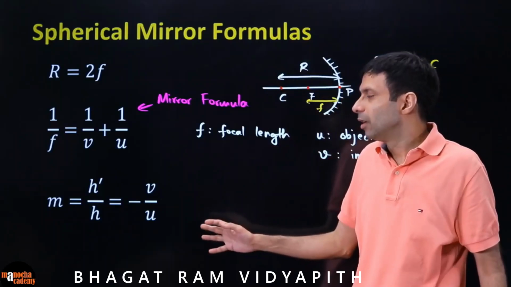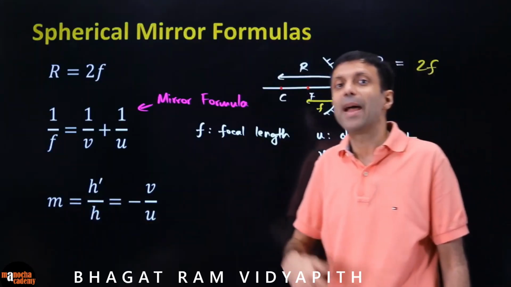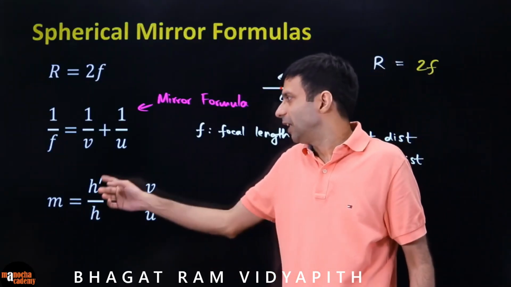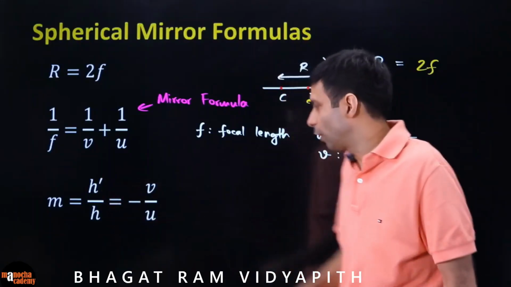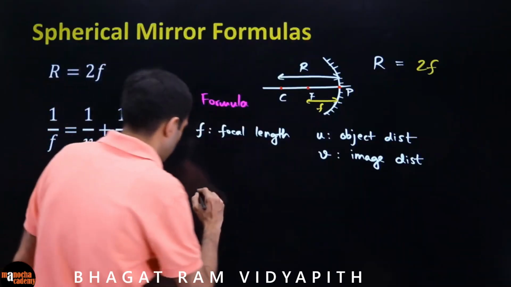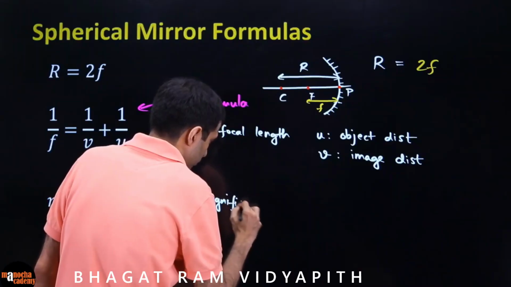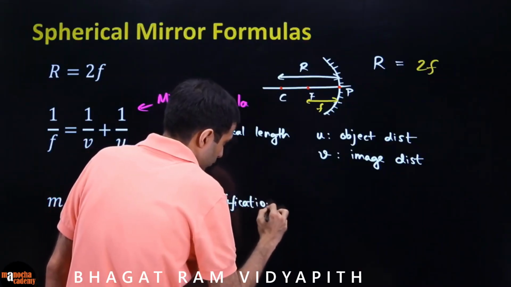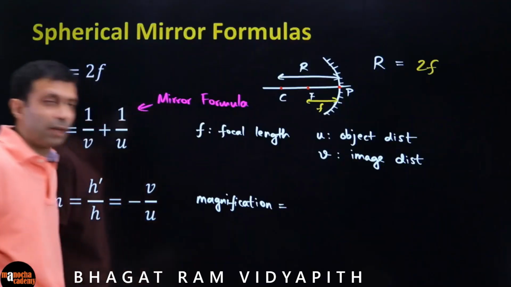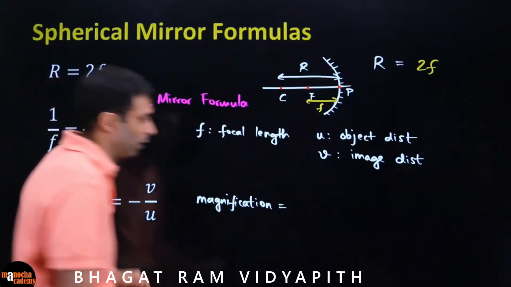Next formula is called, do you guys know what does this M stand for? M stands for magnification here. And H dash and H, so basically what is this formula saying? M is the magnification, so magnification is the ratio of the image height to the object height, okay?